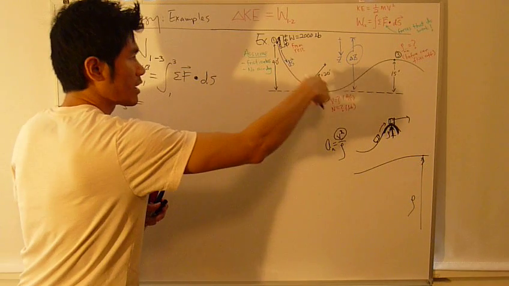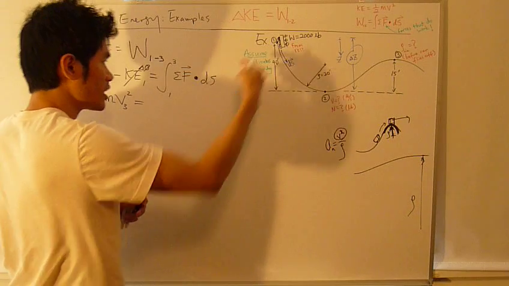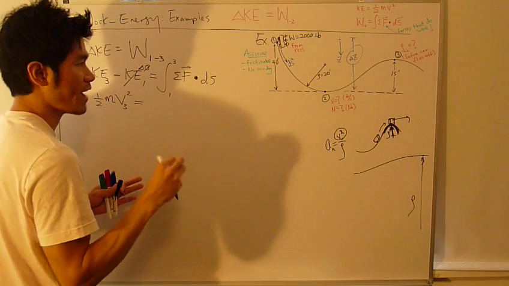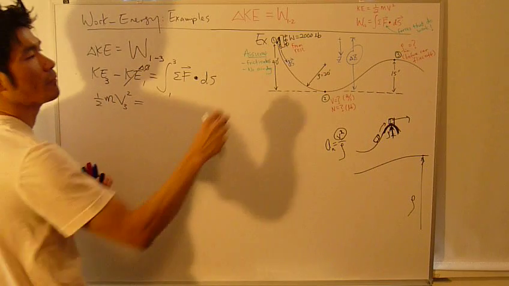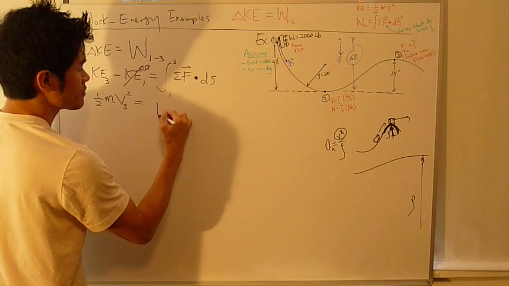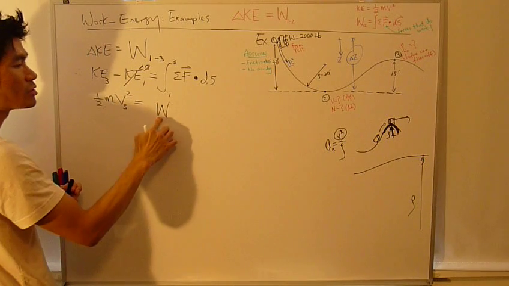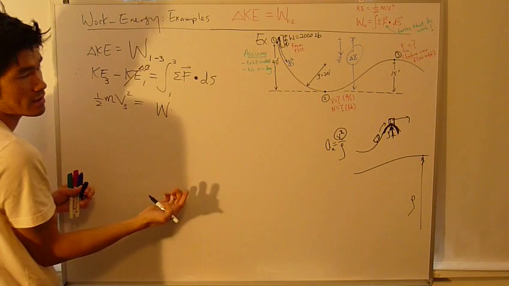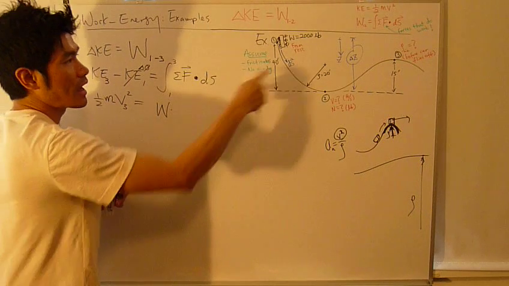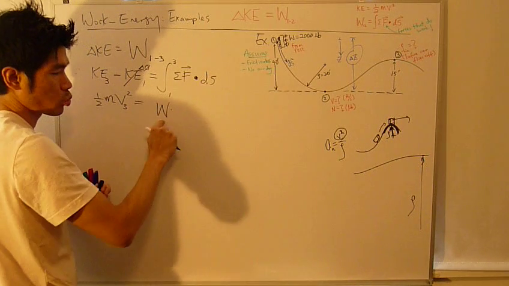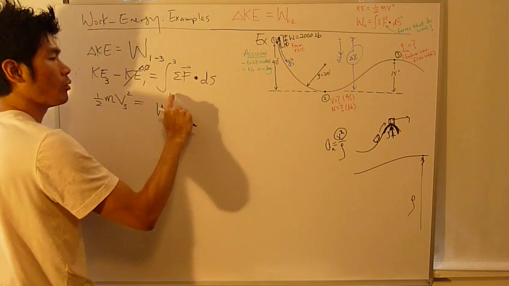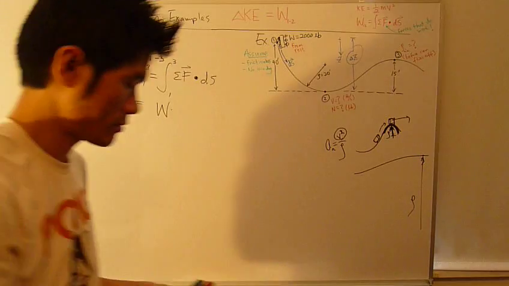The dot product means the projection of one vector onto the other, and then you multiply the two values. So the magnitude of the first vector is the weight times the change in height, since weight is in the vertical direction.